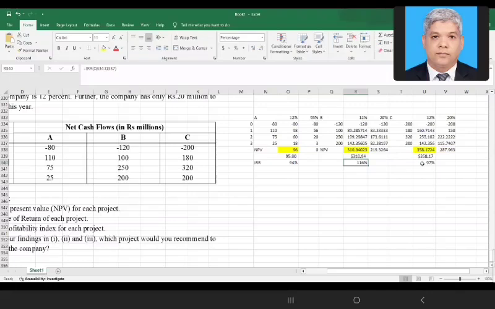Is it 94 as an IRR equal to 94, 116, and 97? I think that should be the correct one. I don't know why. At 20 percent, we got that.